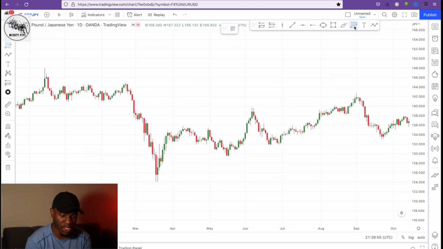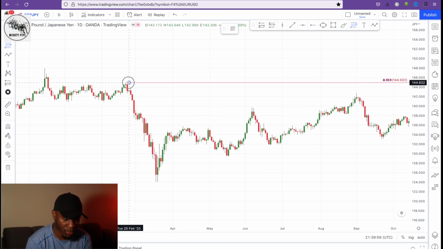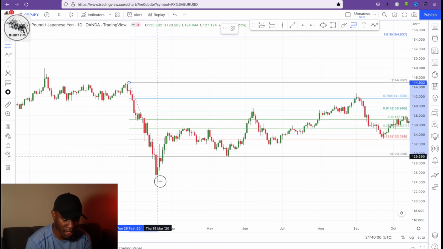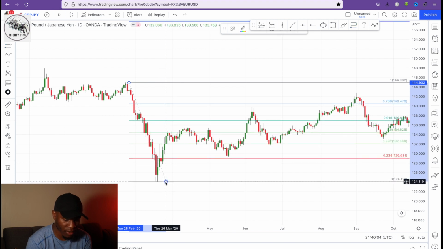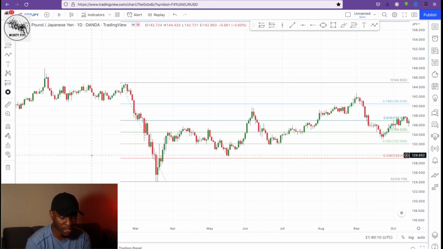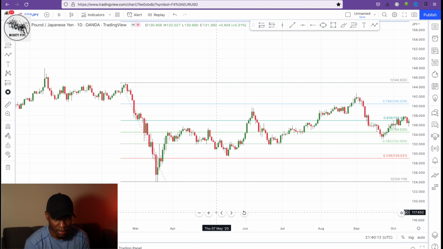We're going to pick Fibonacci and look at this area here, and draw a Fibonacci from there to this lowest area. You have to be accurate while drawing Fibonacci. Make sure your points reach the right place.